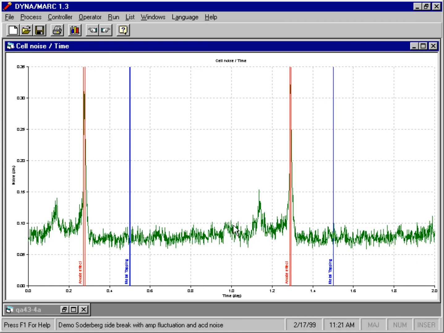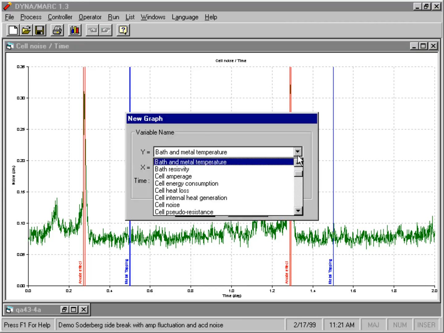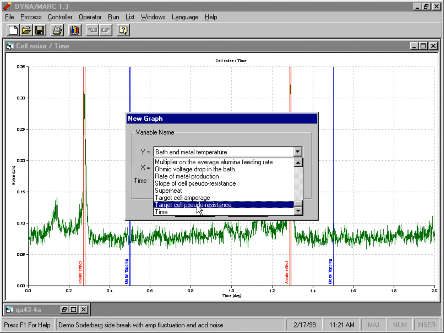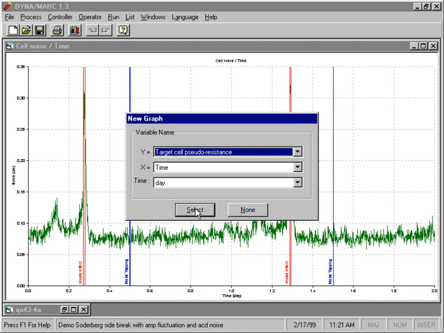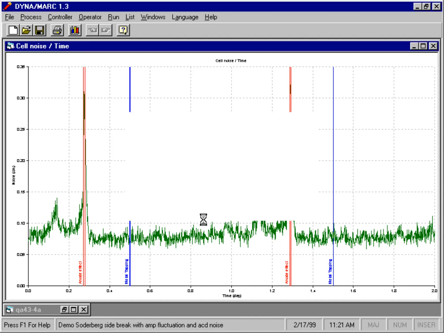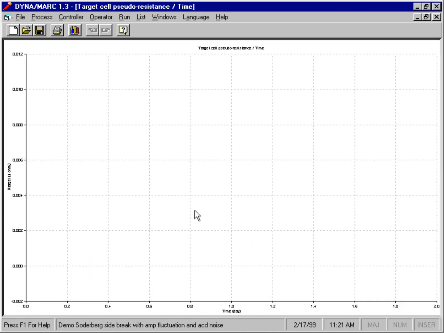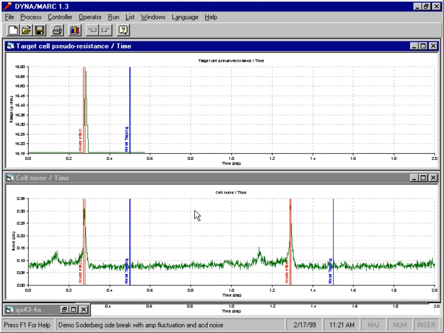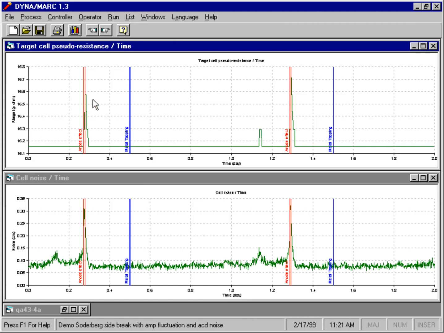So this is the obtained noise, and we can add as a second graph the target pseudo resistance to see that we were actually doing some instability treatment at many places when the noise was getting too high.